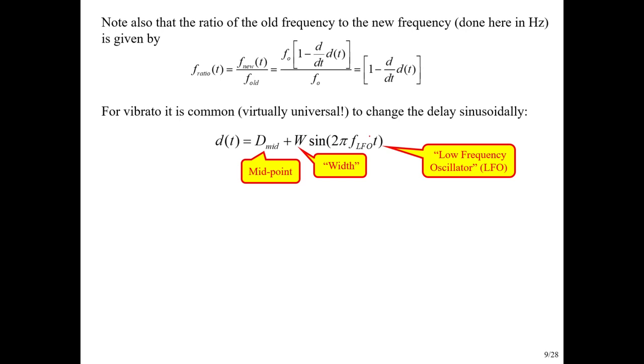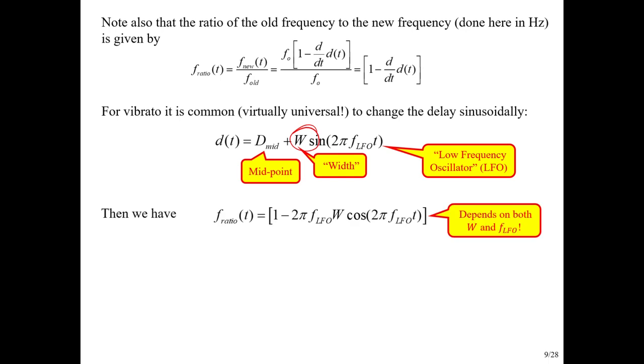So this FLFO is the low frequency oscillator's frequency. So this is the signal that the LFO creates, and we'll see that in our figure. Sometimes that's included as part of the LFO, but it's a parameter that we can adjust.